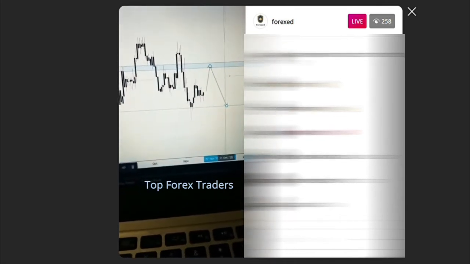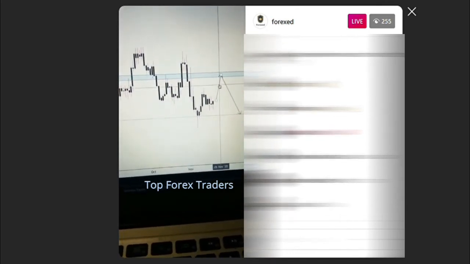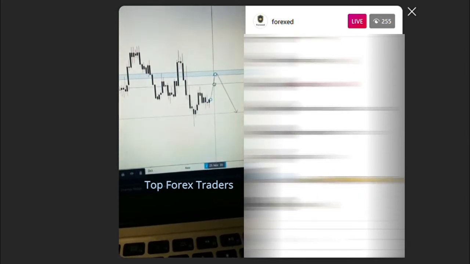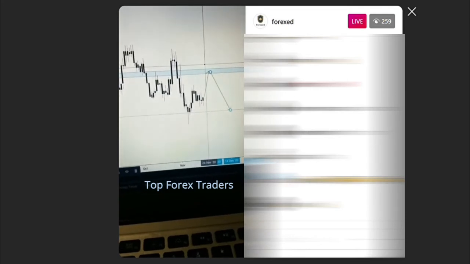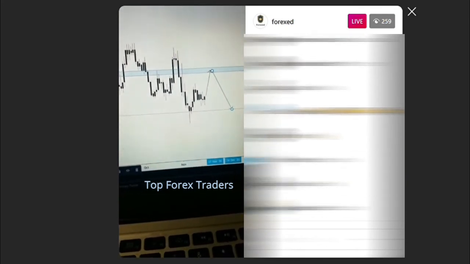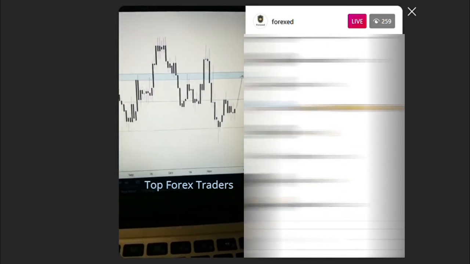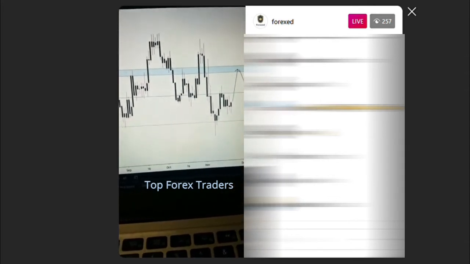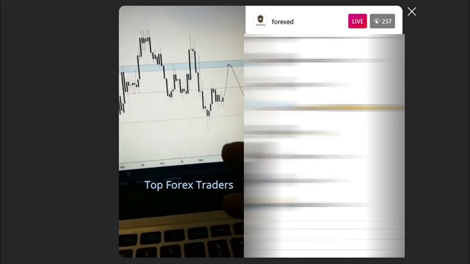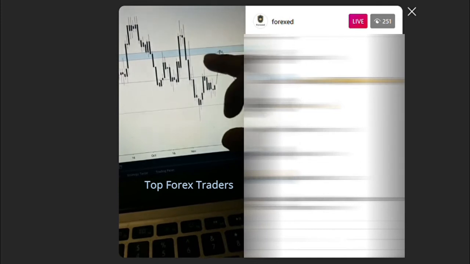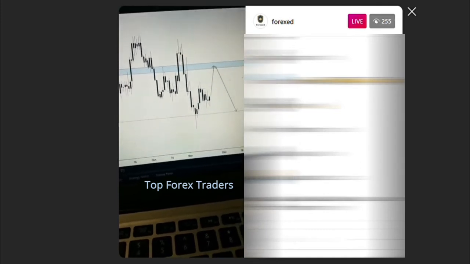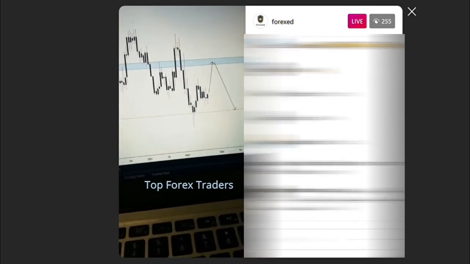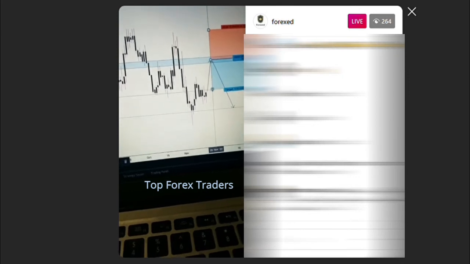Now keep in mind, it's not a guarantee that price will reach this level, but if price were to reach this level, it would give you 2 extra confluences to enter this trade. And the more confluences you have, the higher the probability of the trade playing out. So if price can reach this level, it'd be a nice trade towards the downside, and this could be a nice 1 to 7 risk reward.